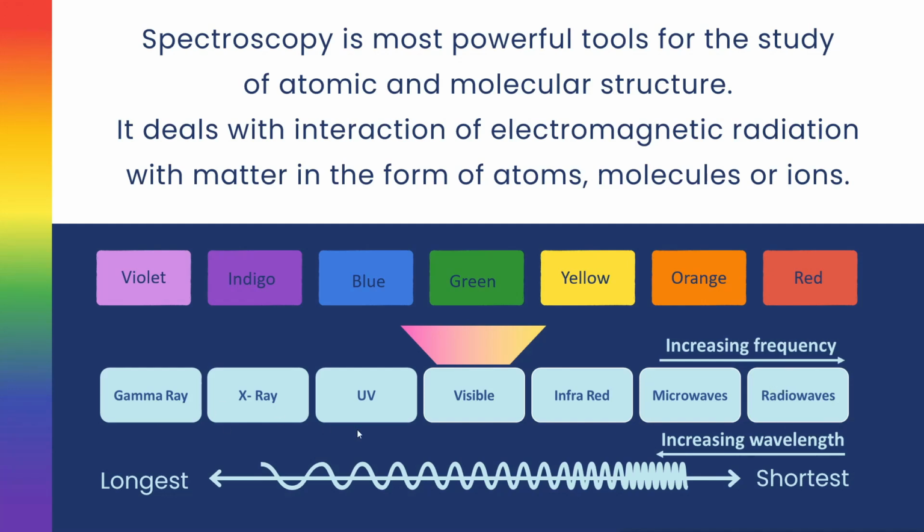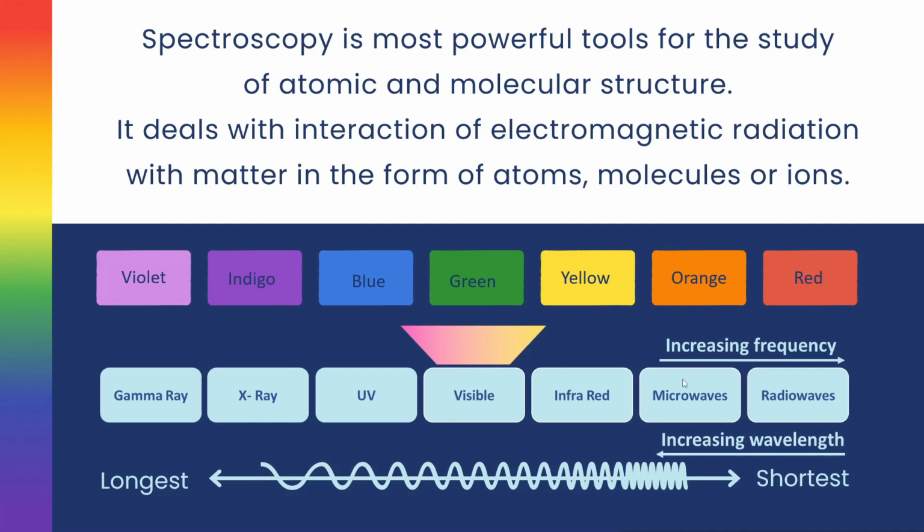In spectroscopy, different regions of the spectrum interact with matter in unique ways. For example, gamma rays and X-rays probe atomic nuclei and high energy transitions. Ultraviolet and visible are used for electronic transitions in molecules. Infrared radiation interacts with molecular vibrations, helping identify chemical bonds.